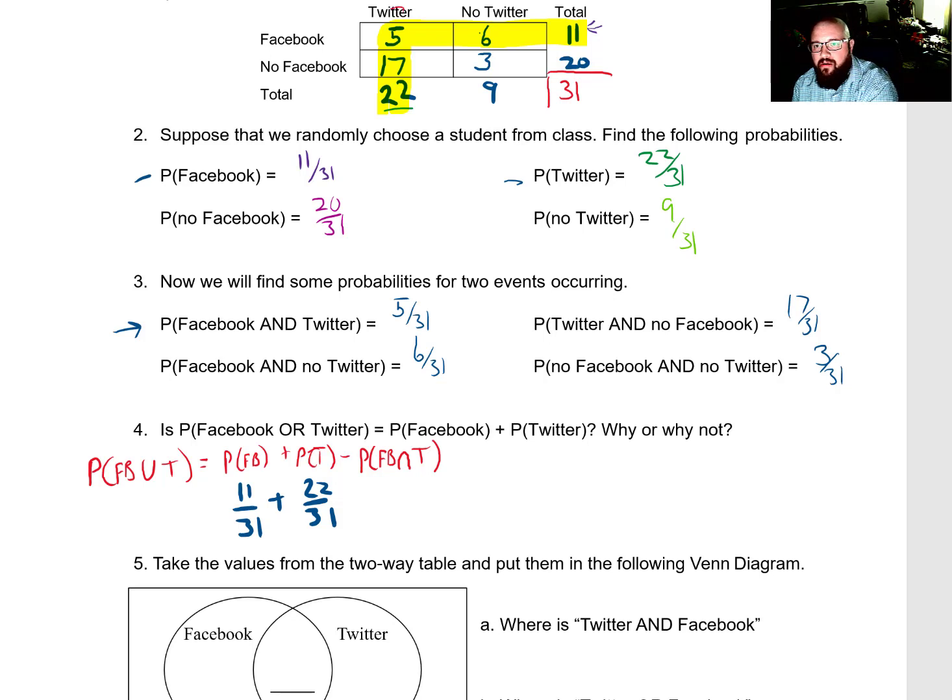We use the probability of Facebook and Twitter. We use that 5 twice. So therefore we have to subtract 5 over 31, so it's not counted twice. In this, we should get 28 out of 31.